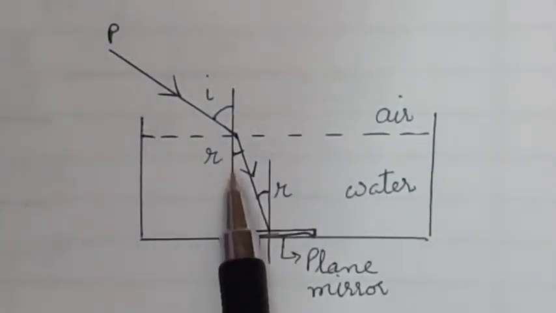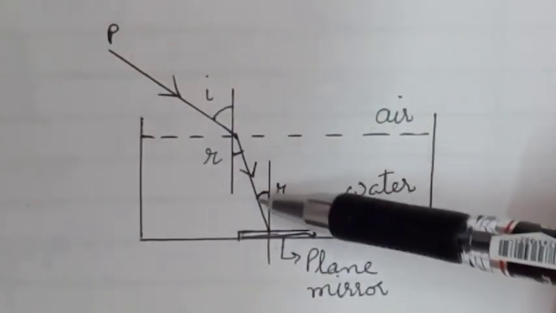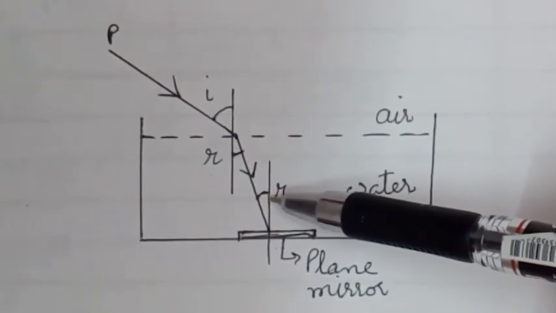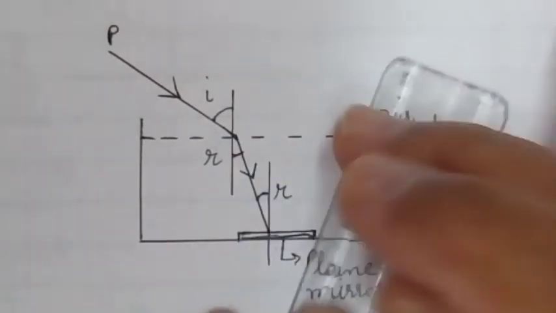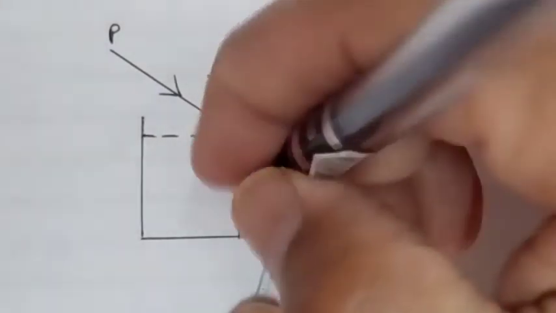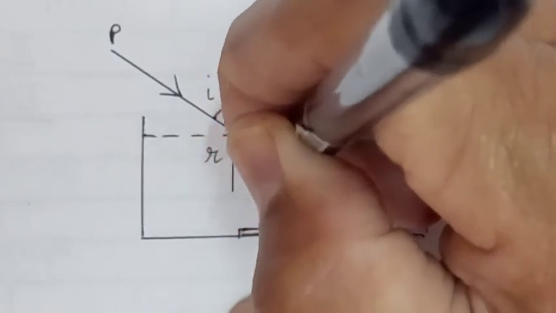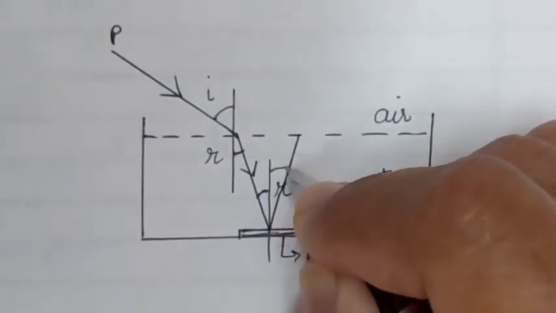The angle of refraction. For this point, this becomes the point of incidence. The incident ray strikes at an angle equal to R, which is equal to angle of refraction. So ray gets reflected in accordance with laws of reflection of light. The ray gets reflected because it is striking the plane mirror. This is the angle of reflection.